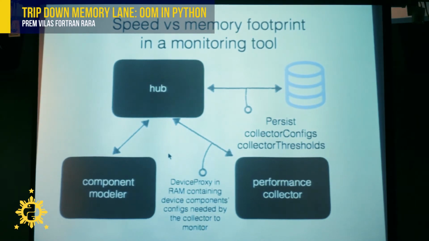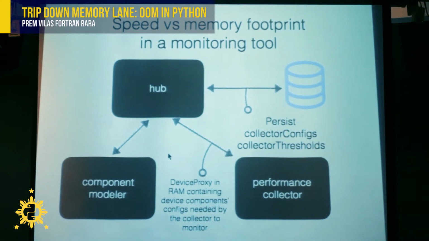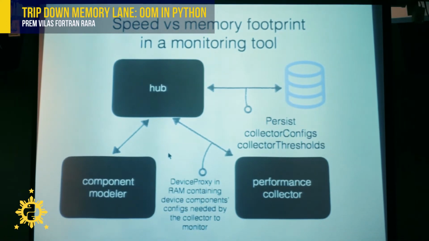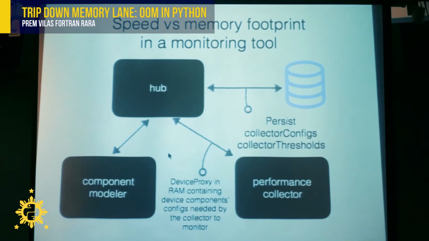So the workflow goes like this. If you add a device and you want to monitor the device, first you need to model the device. So the component modeler kicks in, gathers information like passwords, usernames, data sources, and all the stuff that's needed by the collector. It passes it to the hub, and then the hub persists that configuration in the database.